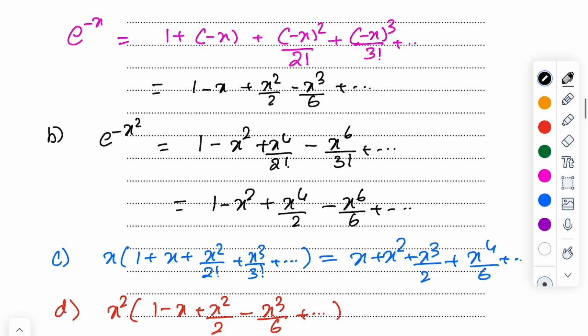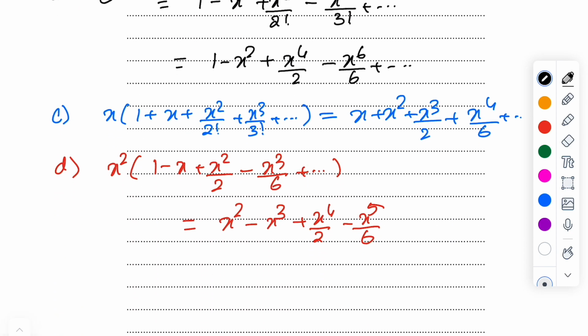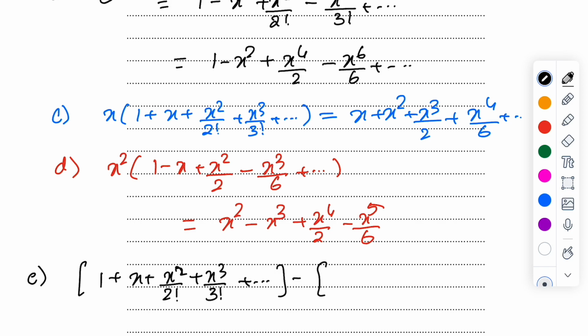Next is e power x minus e power minus x. So e power x is 1 plus x square by 2 factorial plus x cube by 3 factorial and so on, minus 1 minus x plus x square by 2 factorial minus x cube by 3 factorial and so on.